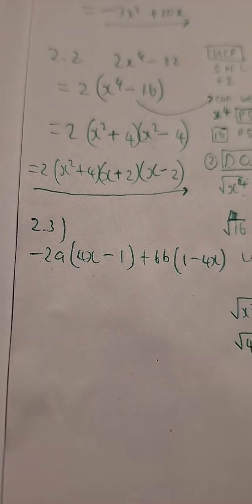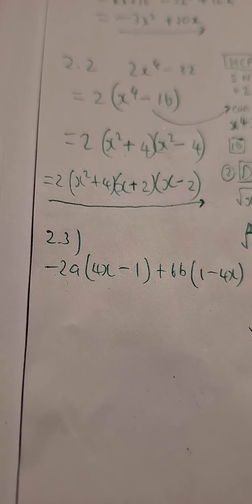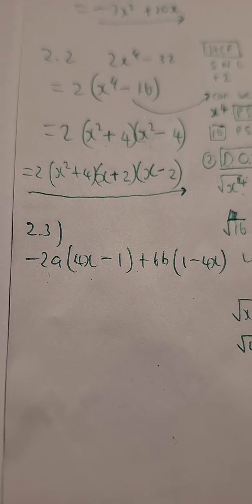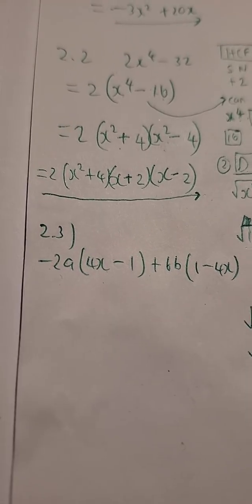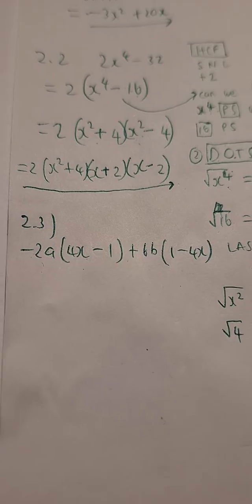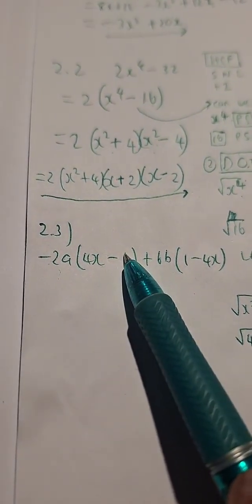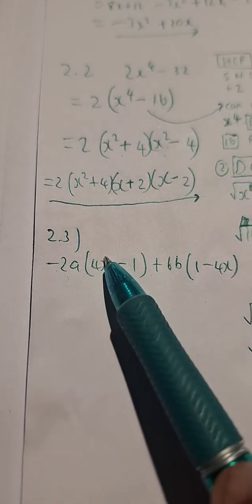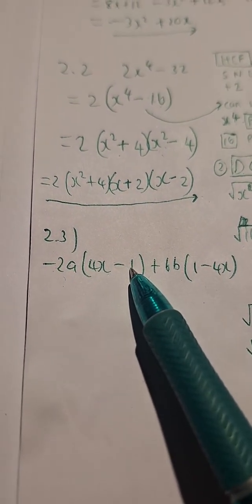Negative. Now, Cinnamon Girl in the comment section, and I'm going to pin Cinnamon Girl's comment, says: no, these are not common brackets, but you can multiply with the minus to change it. Okay, so if we look at this bracket, we love this bracket because the x term is first and then the constant number term is second.